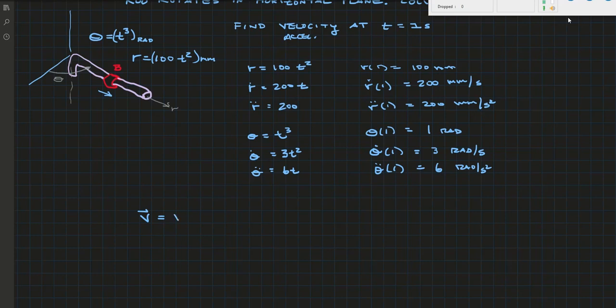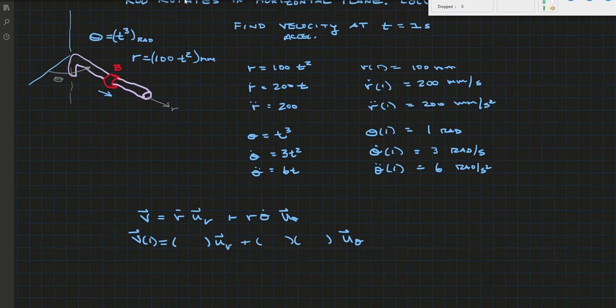Velocity is r dot u sub r plus r theta dot u sub theta, unit vector in the theta direction. So our v at 1 is, just take our values up here and we plug them in.